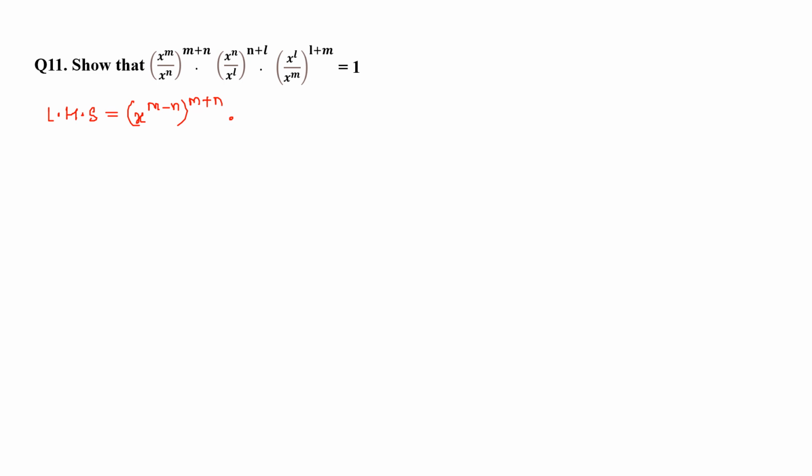Same way, the other one I will write as x to the power n minus l, whole to the power n plus l. Better put this also in brackets. Now the third one, x to the power l minus m, to the power of l plus m.